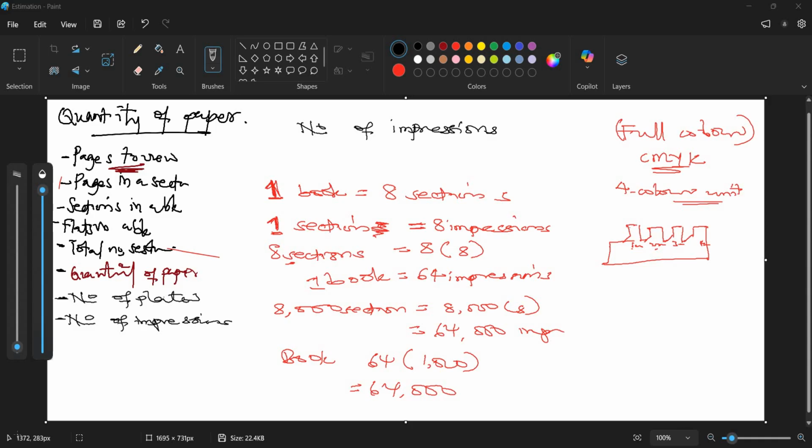As I said, the first one calculated its impression as 1, 2, 3, 4 for one flat, 1, 2, 3, 4 for the other flat, and then it had 8 impressions. But for this, because every pass is an impression, when it goes in from the feeding through to the delivery, it is termed one impression.